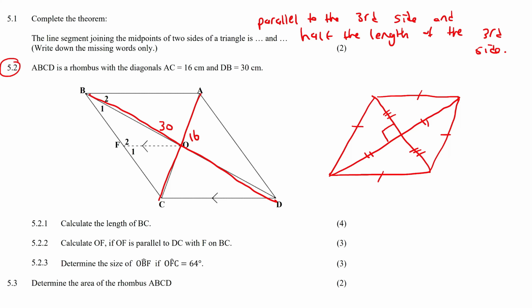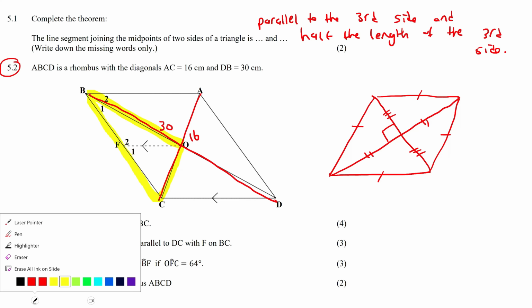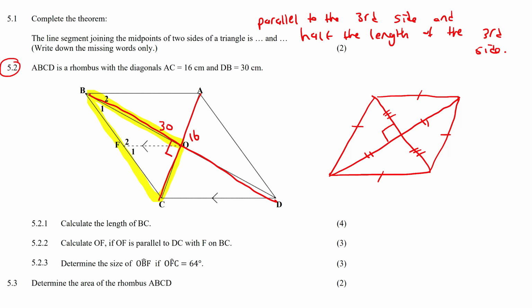Okay, so check this out. If they want the length of BC, they want this length over here. We know that these are all 90, 90, 90, 90. Then what it means is that I could make a triangle just over here. And it's a 90-degree triangle, because we know that for a rhombus that's 90 degrees.